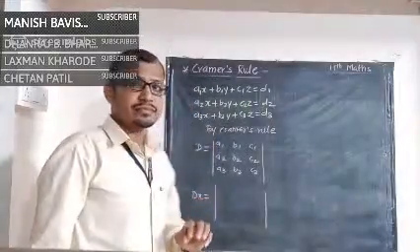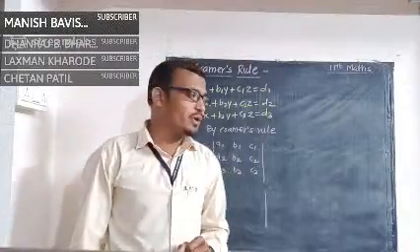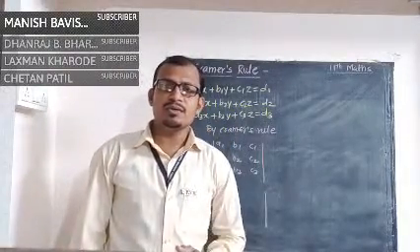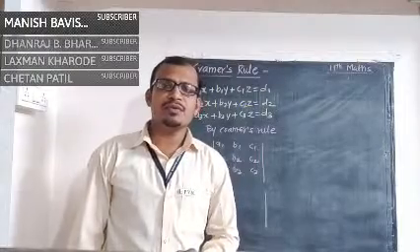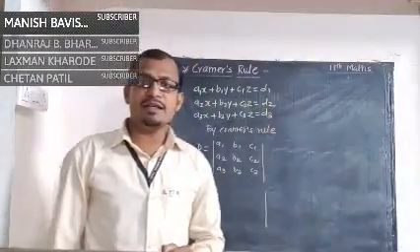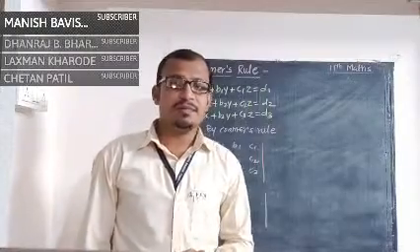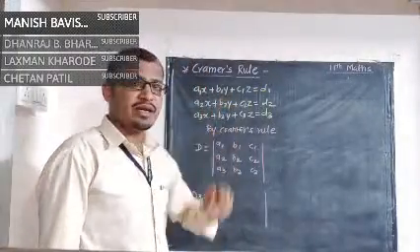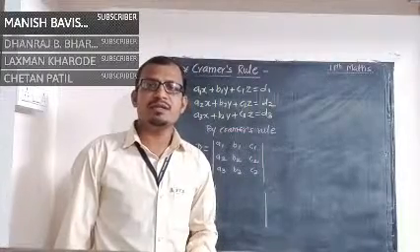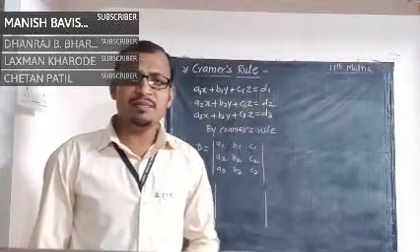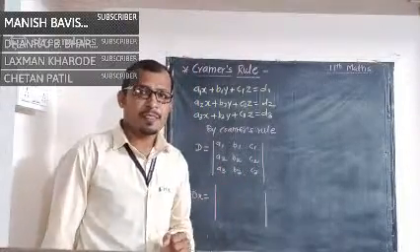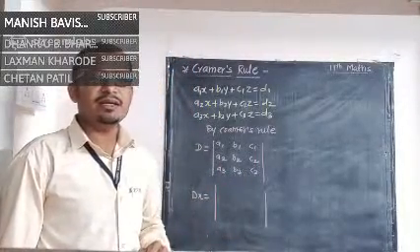You know that in 10th standard you used this Cramer's rule for 2 by 2 determinant, and at that time you found 3 determinants, determinant D, determinant dx and determinant dy. But here, as there are 3 variables, we have to find 4 determinants: determinant D, determinant dx, determinant dy and determinant dz. Our first determinant is determinant D, then the next determinant is determinant dx.